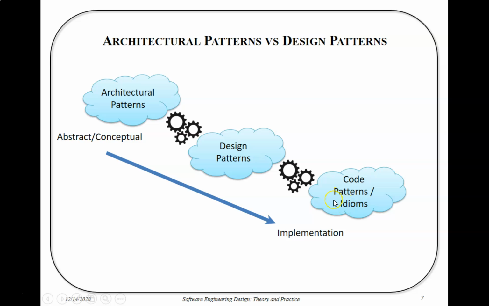You can search on Google, and you will find that code also has patterns. This one is towards implementation, from the abstract or conceptual world to the implementation world. So now you have an idea of the difference between architectural patterns and design patterns.